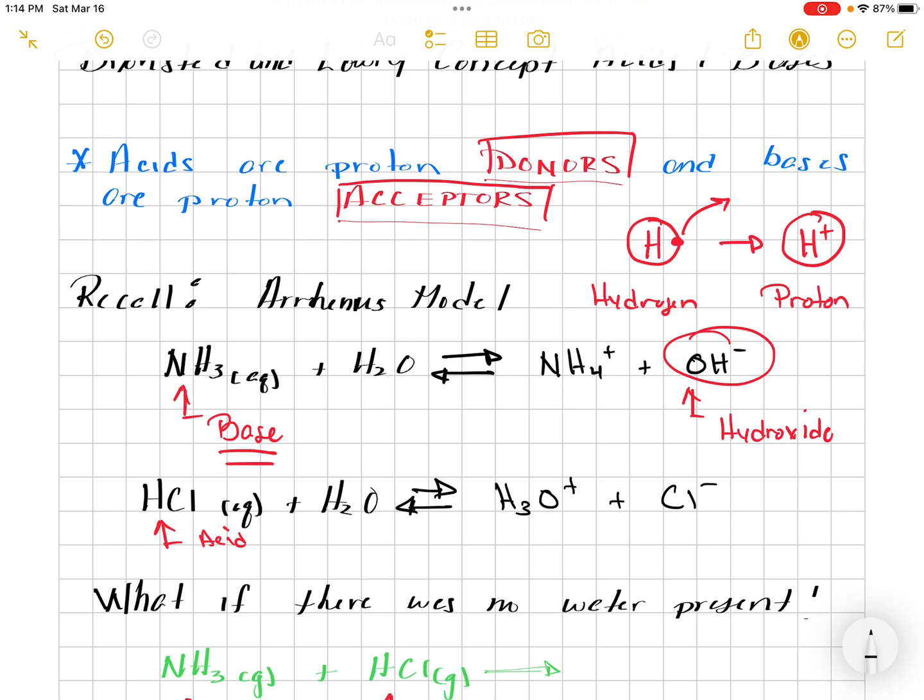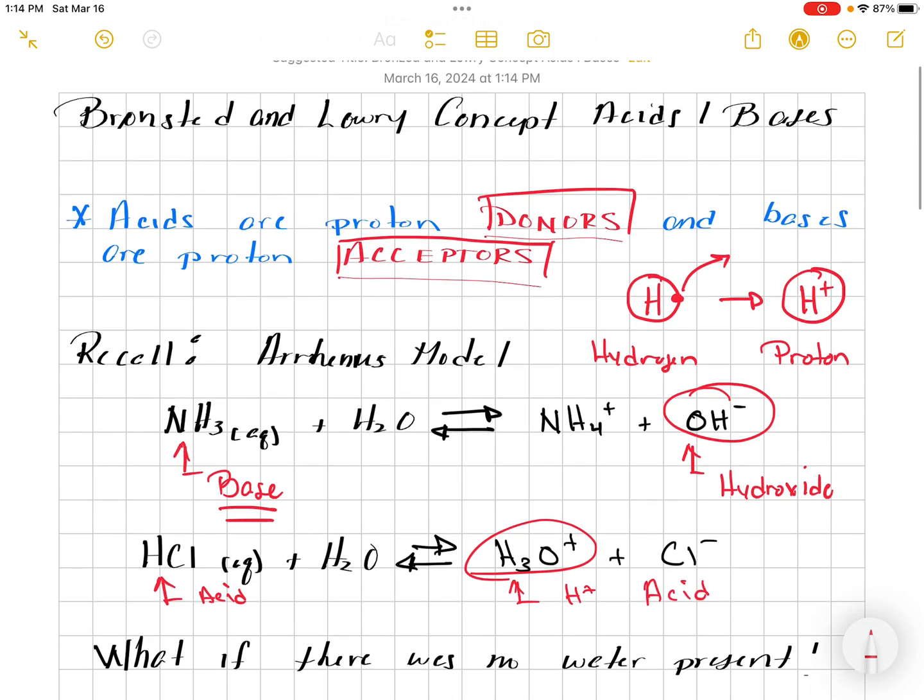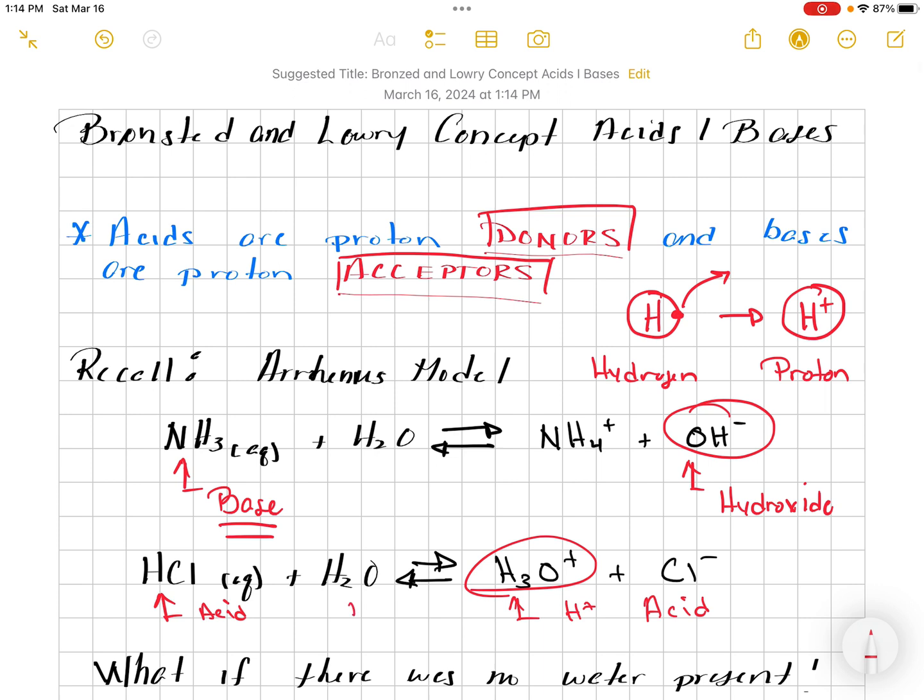If you were to write this as a simple net ionic equation, this hydronium ion can be rewritten as just H+, because it's forming a plus ion. So because of this guy here, here's our hydrogen. Based on that, the Arrhenius model says that this compound is an acid because when it reacts with water, it releases hydrogen ions. So that's the basic definition review of the Arrhenius model.